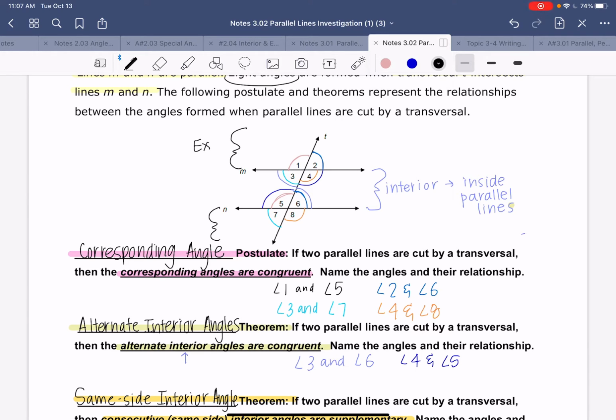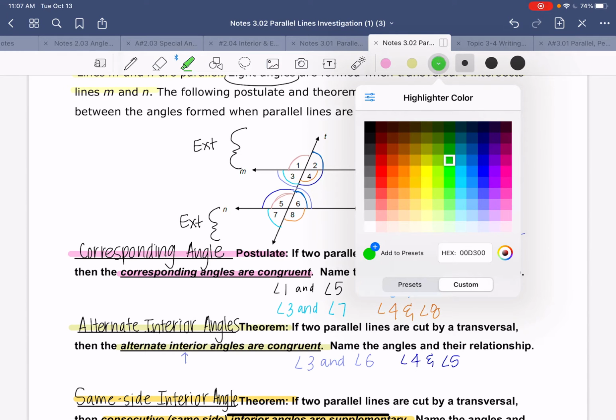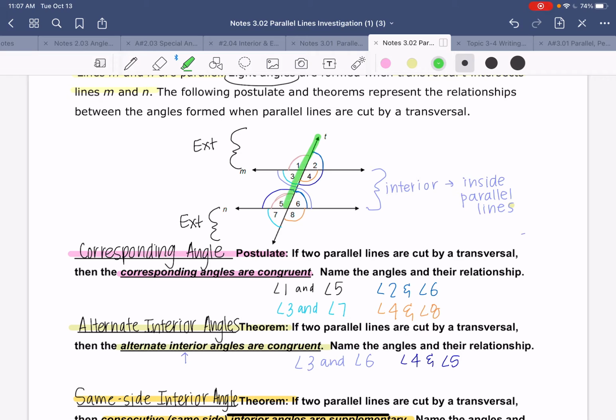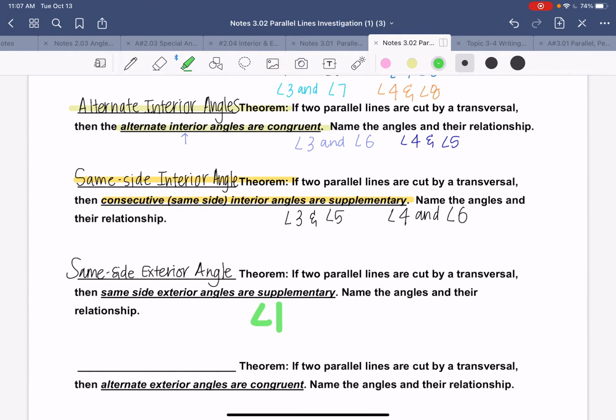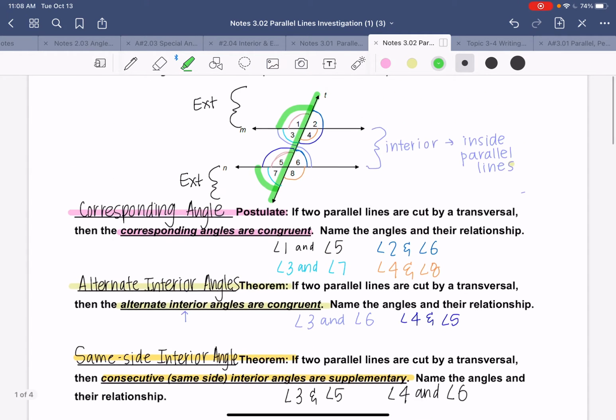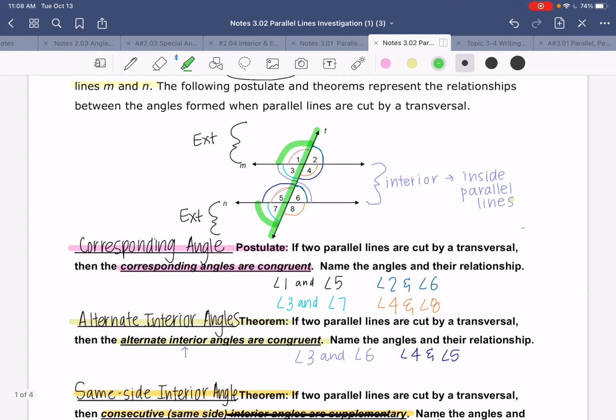So these angles are exterior. If it's the same side of the transversal, that means it's angle 1 and angle 7. So angle 1 and angle 7 are same side exterior angles, and they are supplementary to each other.